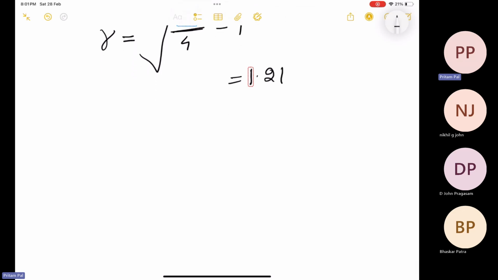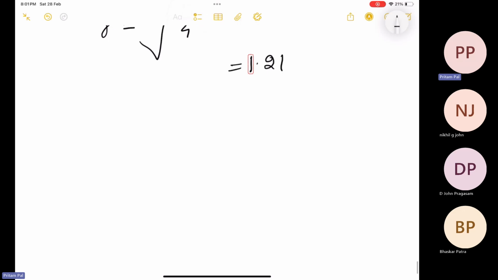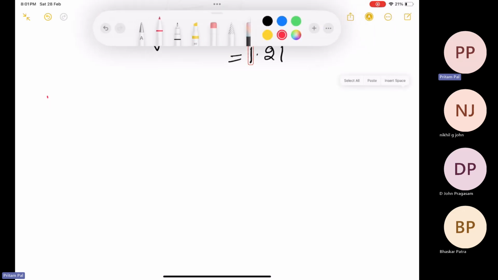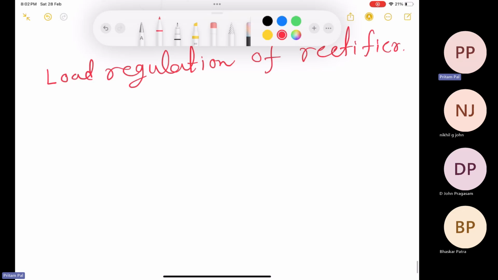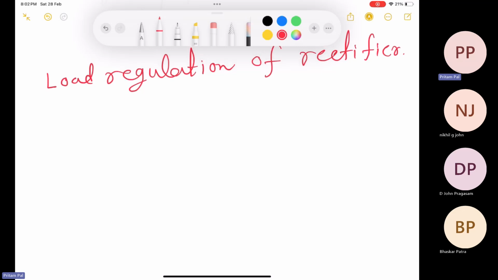Then there is something called the regulation. That is also important: the load regulation of the rectifier. It's the variation of the DC output voltage with the DC load current for a given input.